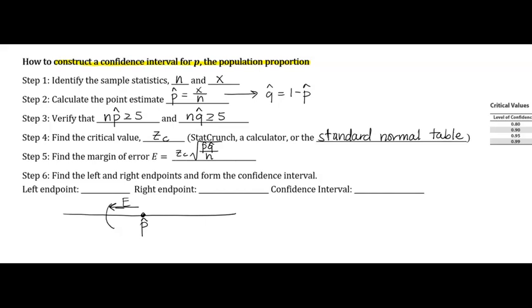So the left endpoint is p hat minus E, the margin of error, and the right endpoint we're going to move to the right, whatever that margin of error is, and that will be p hat plus E. And then once we have our left and our right endpoint, our entire confidence interval is the interval starting at p hat minus E, ending at p hat plus E. So now that we've seen how to construct that confidence interval, let's go look at an example where we construct one for a population proportion.